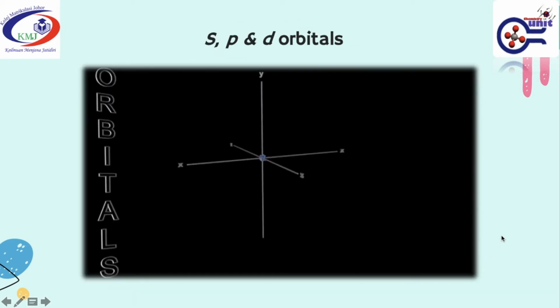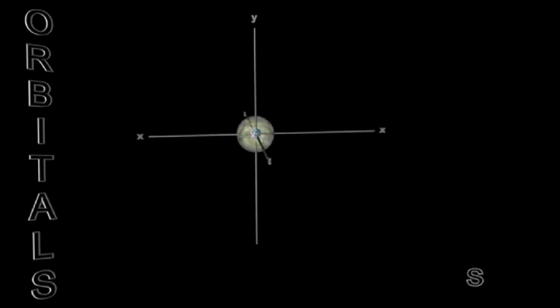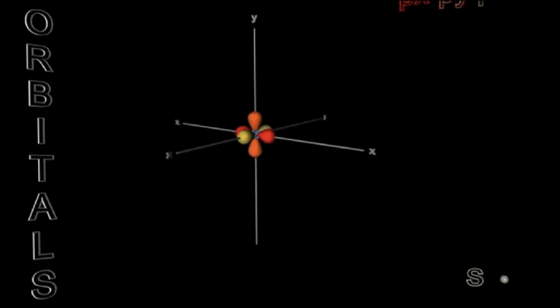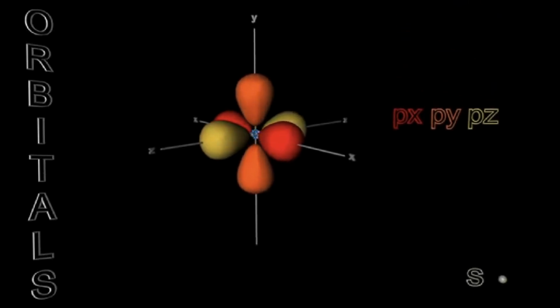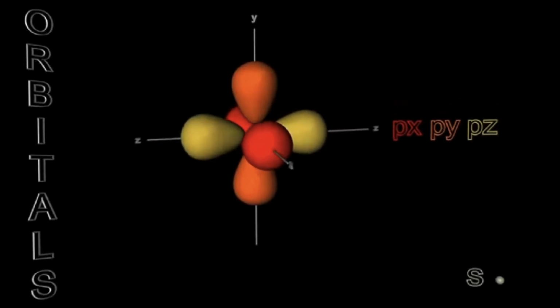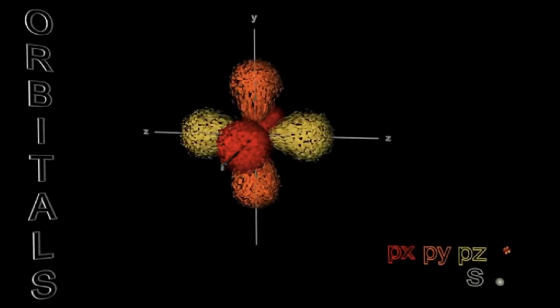This is a video of S, P, and D orbitals. The first one is S orbital, spherical shape. This is a combination of Px orbital on the x-axis, Py orbital on the y-axis, and Pz orbital on the z-axis.